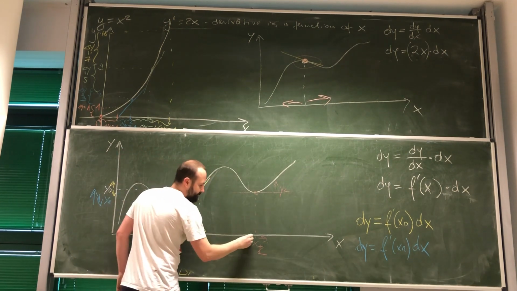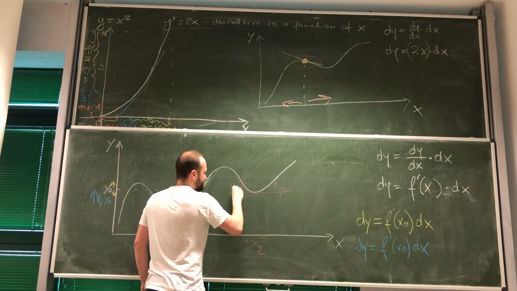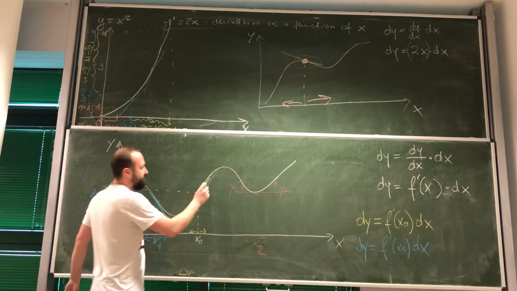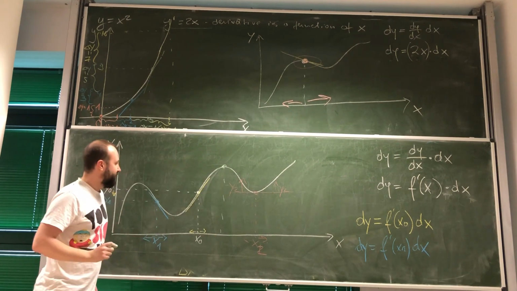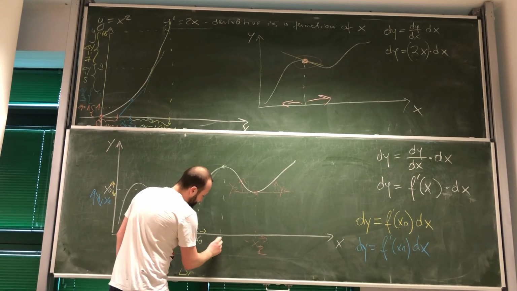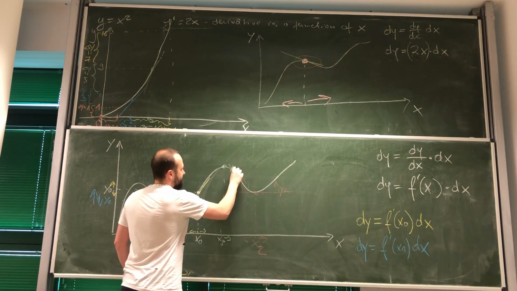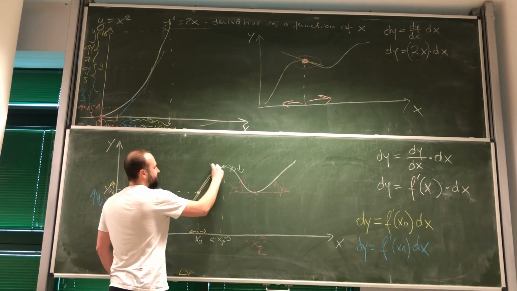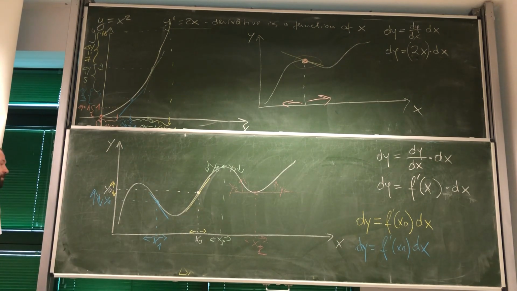If x decreases, y also increases. And finally, if we are at the top over here and we calculate the derivative, we will see that if x increases, y goes down. If x decreases, y goes down as well.